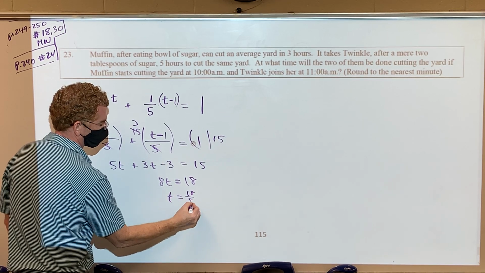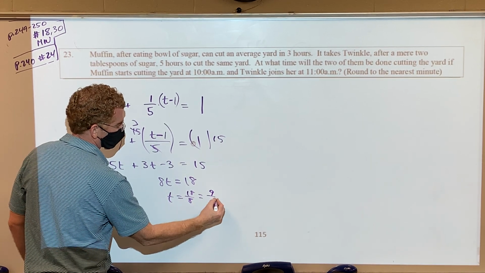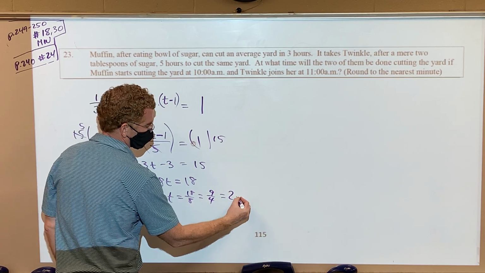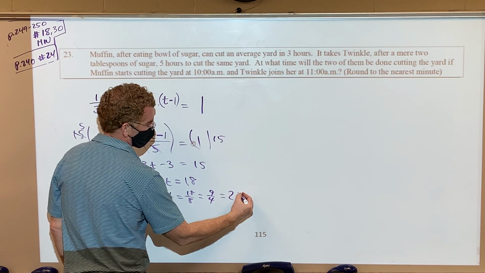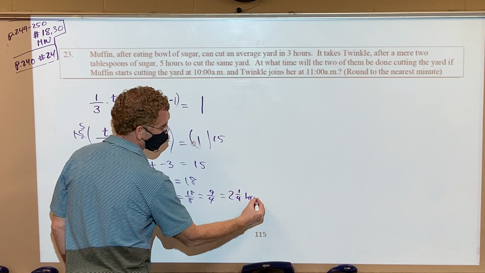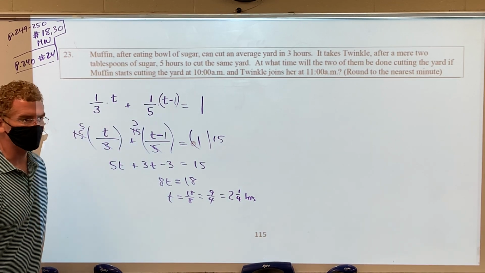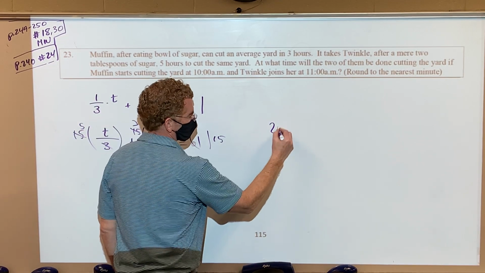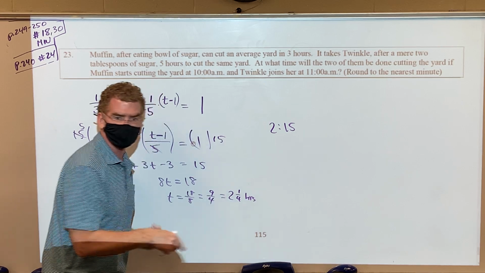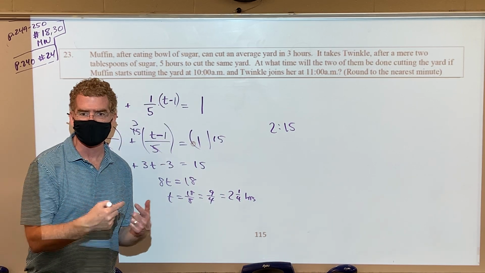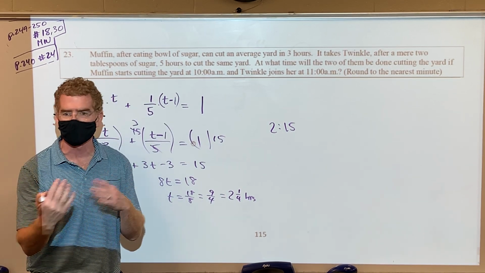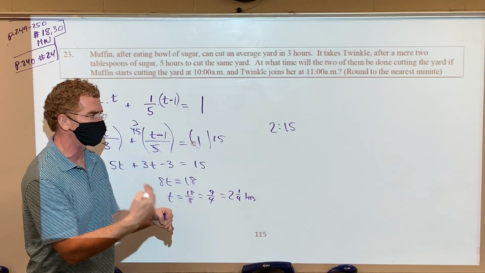T equals 18/8, which is 9/4, which is 2 1/4 hours. And what is 2 1/4 hours? 2 hours and 15 minutes. And remember, if you don't know what fraction of an hour, you just take 1/4 of 60 or whatever that fraction is times 60 to get the minutes.